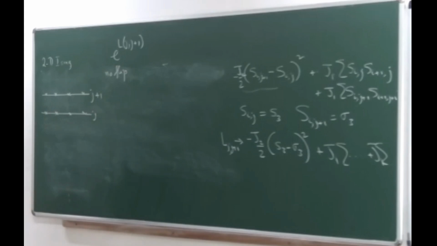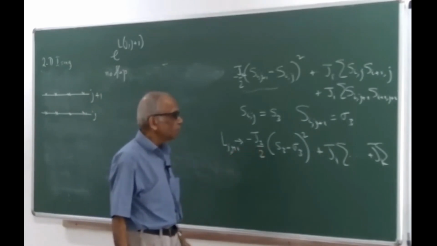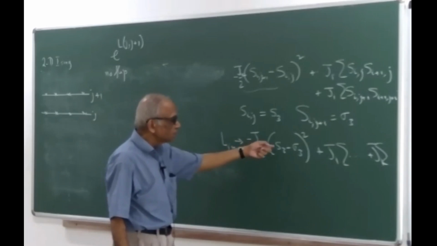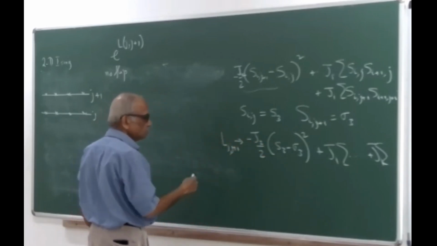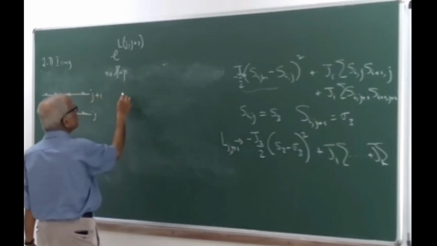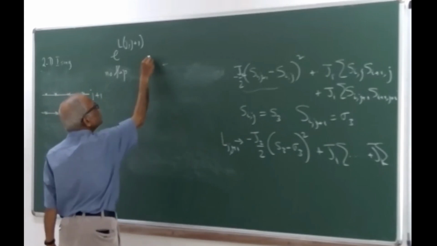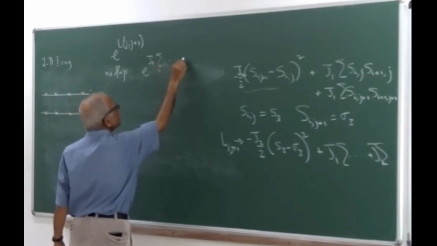The simplest, the lowest energy situation is this no flip, and no flip means that it is just 0. So this answer is simply e to the power that part, which is j1 and summation I, whatever else is there.